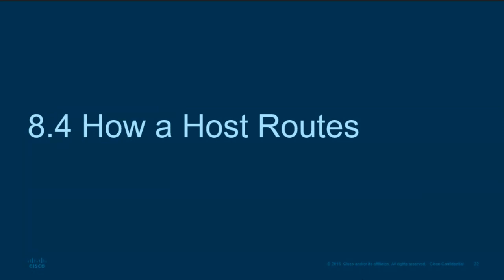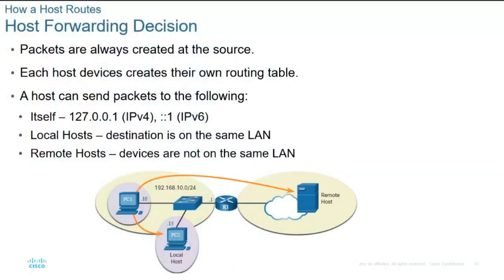So, how host routes. Yeah, so with both IPv4 and IPv6, packets are always created at the source host. Okay, so, kung gagaling sa source. Each host device creates its own routing table.